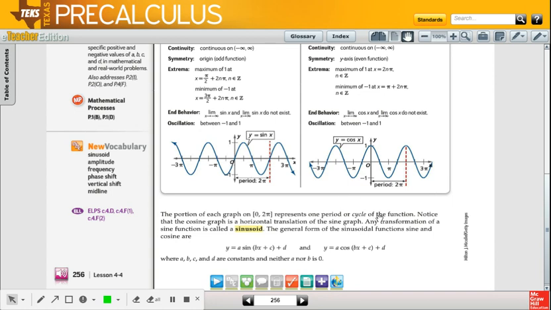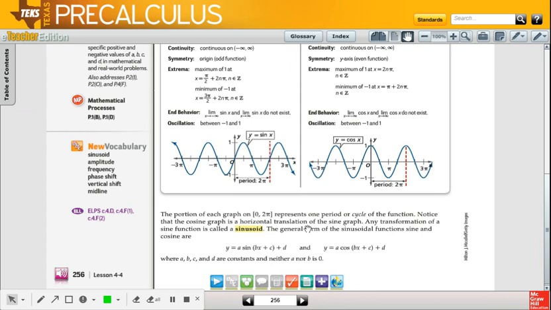Any transformation of a sine function is called a sinusoid. The general form of the sinusoid functions, sine and cosine. So when we're talking about sinusoid, it refers to sine and cosine.